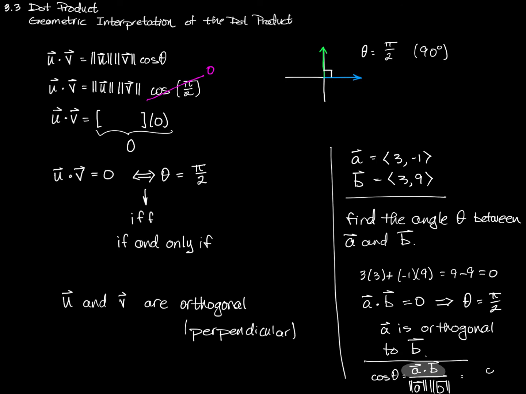So that would have been 0 over some product, right? It doesn't matter what the denominator is because it turns out that the numerator is 0. And because the numerator is 0, the cosine of theta is 0. And when the cosine of theta is 0, it's because the angle between the two vectors is 90 degrees. The cosine of 90 degrees, the cosine of pi over 2, is 0. That's how we get this result.